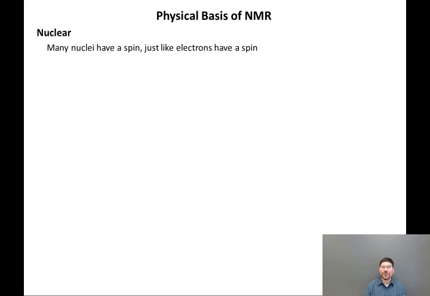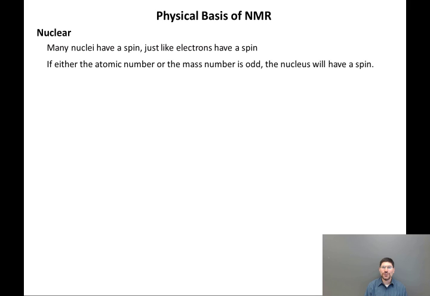So many nuclei have a spin, just like electrons have a spin. And the way to know if a particular nucleus is going to have a spin is to look at its atomic number and its mass number. So if either of those numbers is odd, the nucleus will have a spin. If both numbers are even, there will not be a nuclear spin.